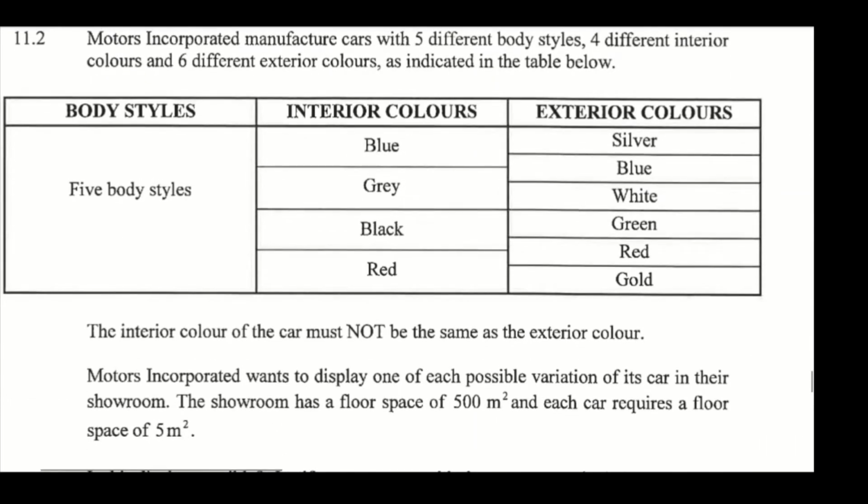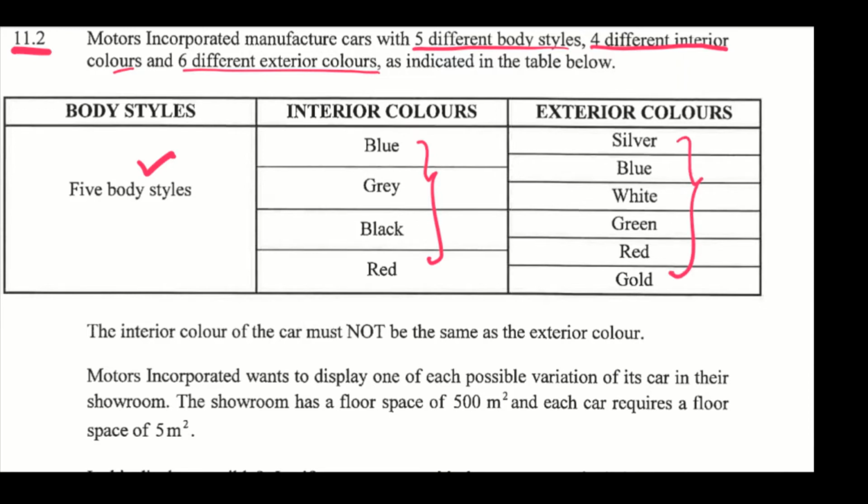11.2 says that Motors Incorporated manufactures cars with 5 different body styles, 4 different interior colors, and 6 different exterior colors as indicated. So these are the 5 body styles, and these are the interior colors, and these are the exterior colors.